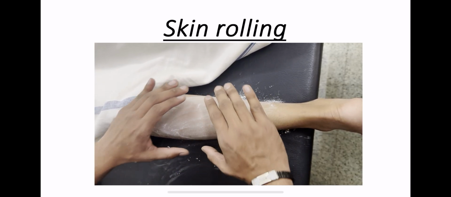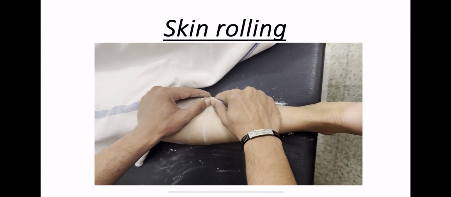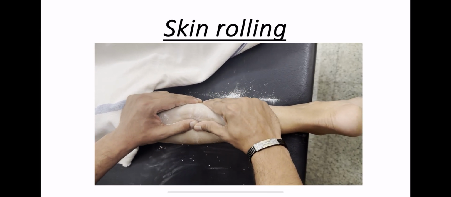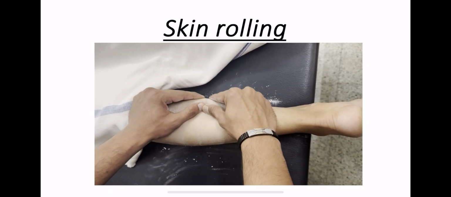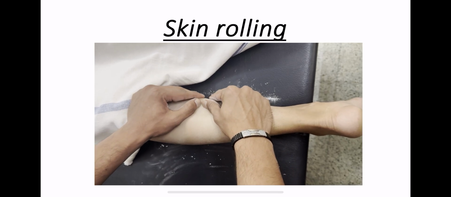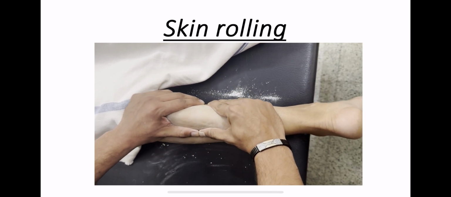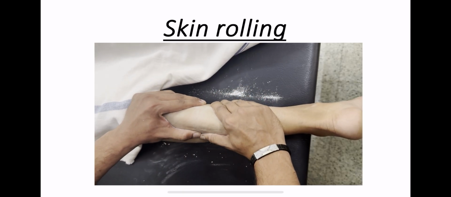The technique is initiated by pulling the fingers backward with sufficient pressure so that the skin is pulled up. If done correctly, it lifts up the skin. At the same time, the thumb is adducted and opposed with downward pressure over the underlying skin.